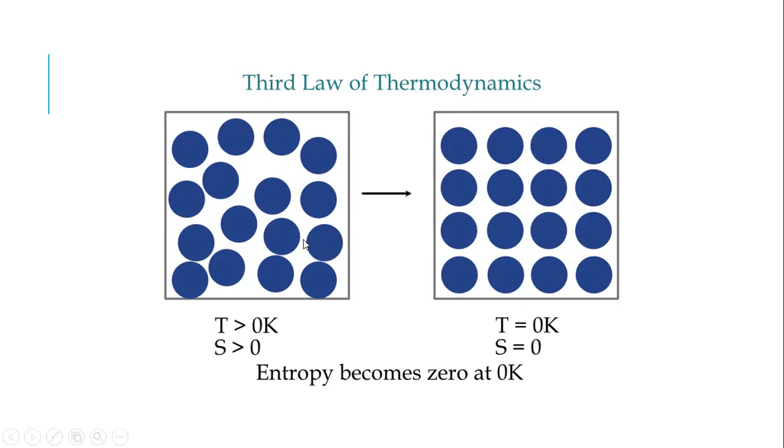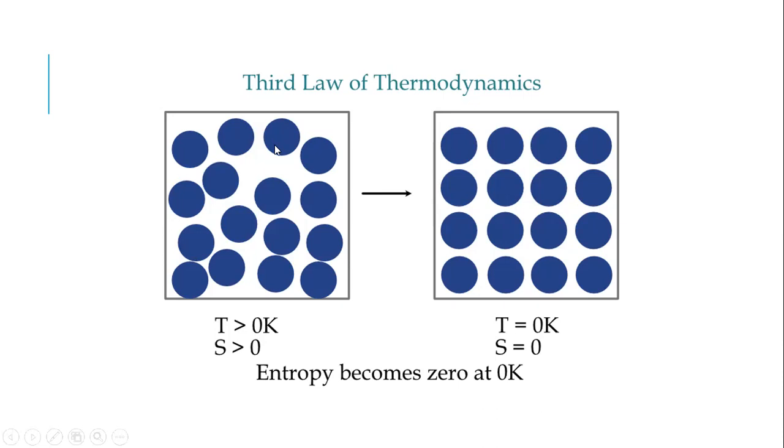If the temperature is greater than 0 Kelvin, the movement of the gas molecules kept inside a tightly sealed container will be very fast and random in nature. So entropy will be greater than zero if the temperature is not equal to 0 Kelvin.